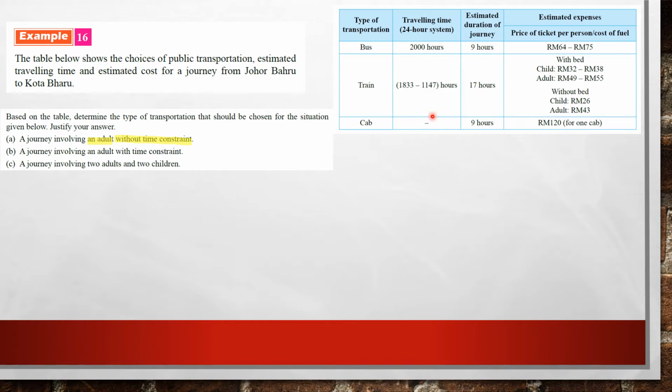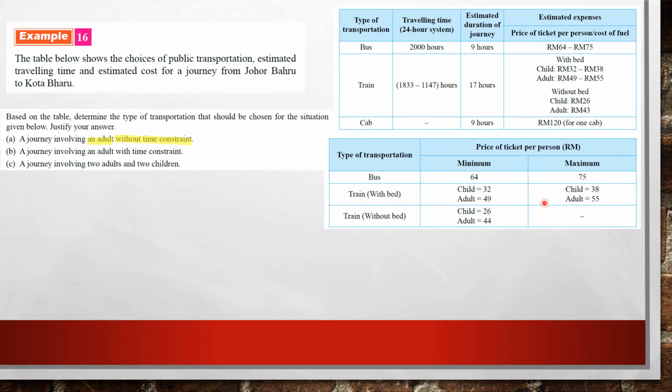And they said time is not a big matter now. So when time is not important, the next thing that you have to look at is the price. So cab is expensive, 120 ringgit. Bus, you have to pay minimum 64 and maximum until 75.